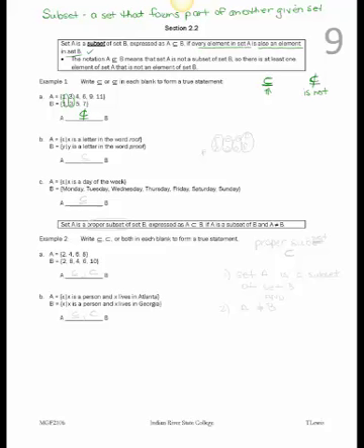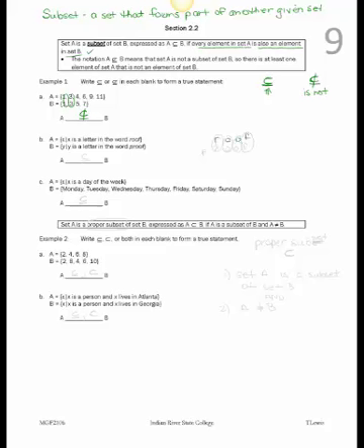Let's look at letter B. Set A is equal to, for all x, x is a letter in the word roof. Set B, for all y, such that y is a letter in the word proof. So we want to know, is set A a subset of set B?